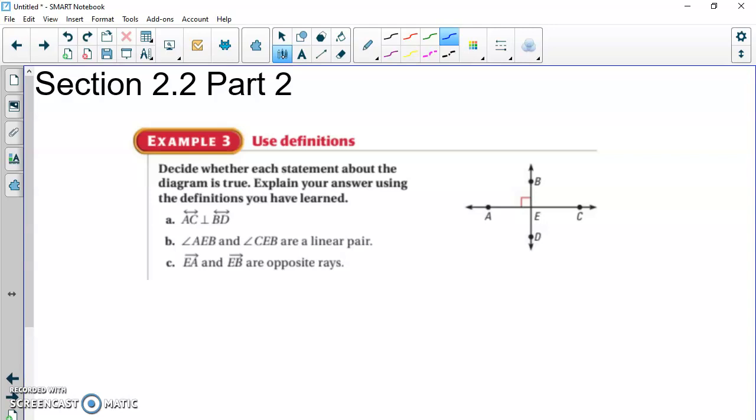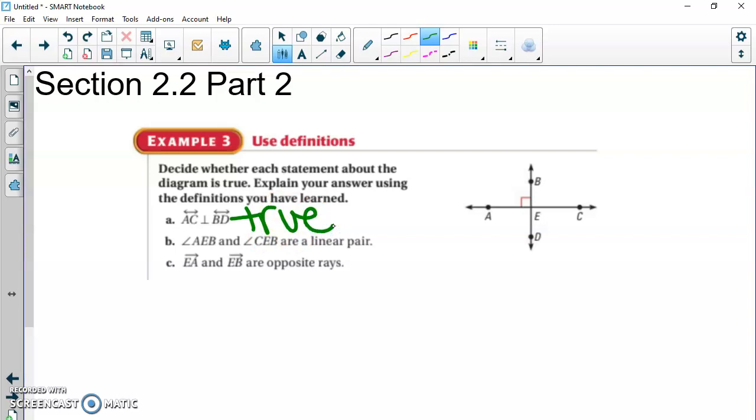Just looking at the figure without even looking at A, B, or C yet, we have two lines intersecting at point E, and there is a right angle box at angle BEA. So let's look here. Line AC is perpendicular to line BD. Well, since we have that right angle box there, that is said to be true.